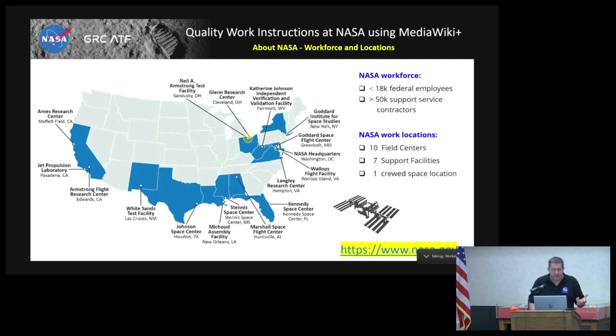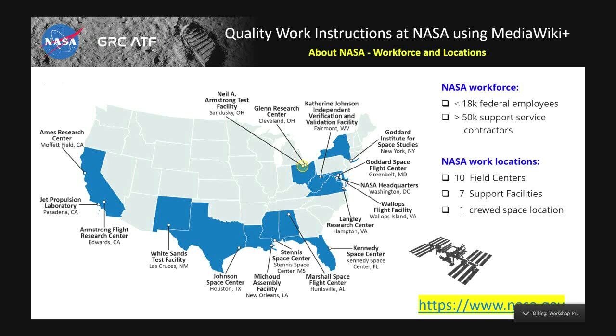A little bit about NASA. Most people recognize the NASA name. Not everyone is familiar with where you would go around the United States in order to find a NASA facility. So on the screen is a map of the United States. The dots represent different places where NASA has a physical presence.